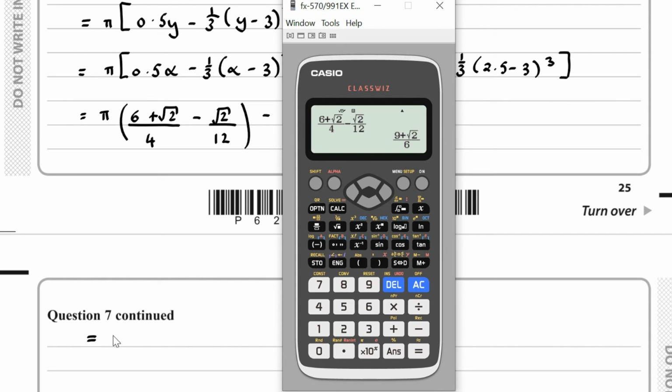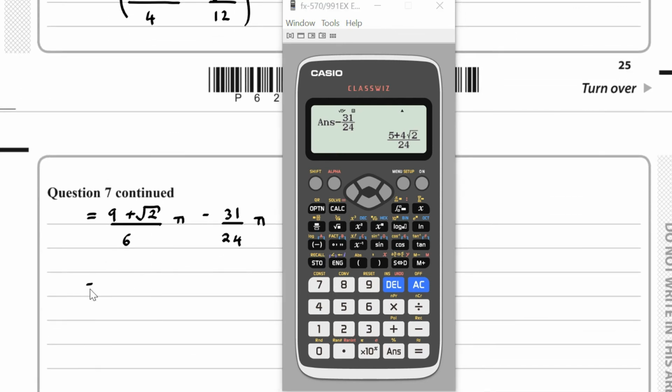So here we've got 9 plus root 2 over 6 lots of pi minus 31 over 24 pi. So what we will do is take away 31 over 24. So here you can see we end up with 5 plus 4 root 2 over 24 pi centimeters cubed.